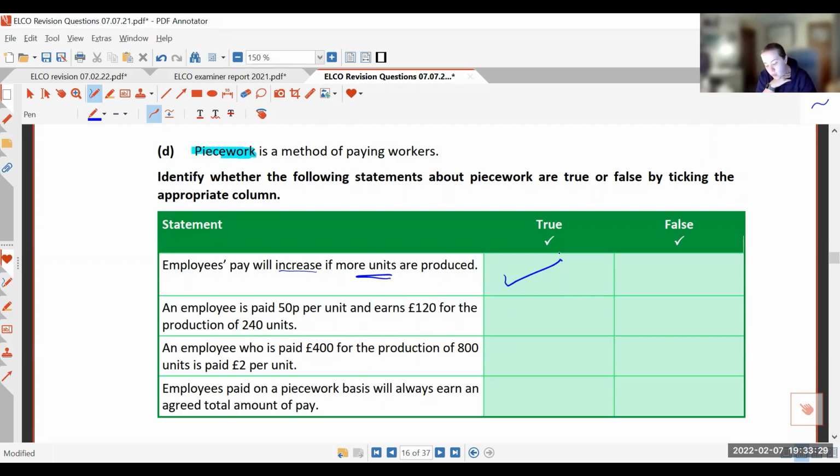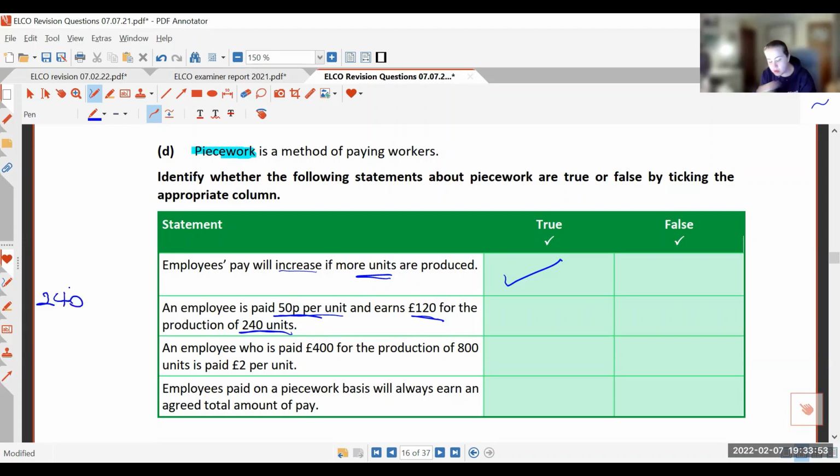The second one, we are looking at calculation. So an employee is paid 50p per unit and they earn £120 for the production of 240 units. We've got our important information highlighted there. Now, if I do, I'm always hitting that erase button by accident.